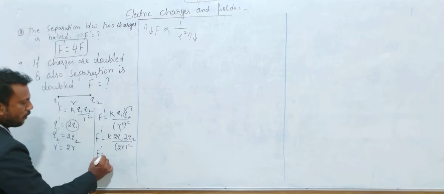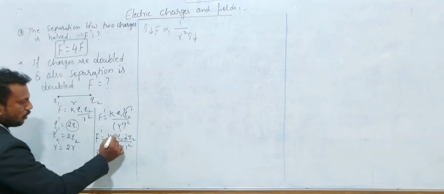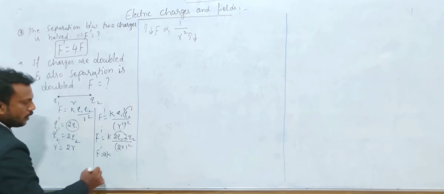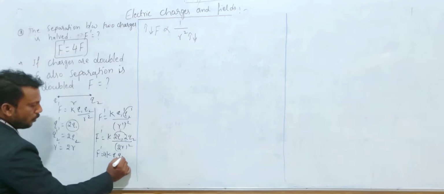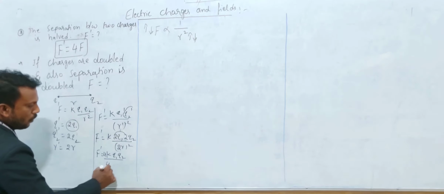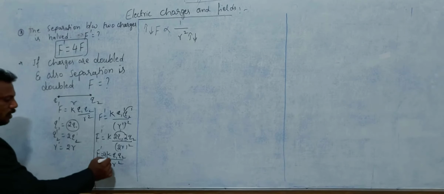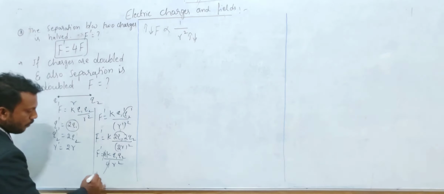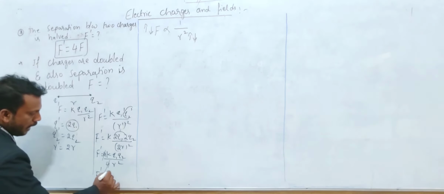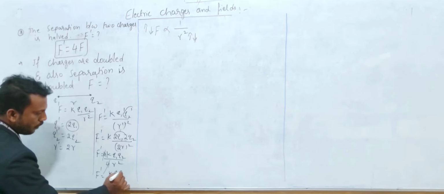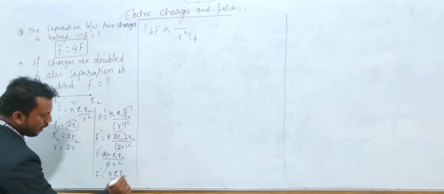Simplify this equation. F dash is equal to k into 2 twos are 4 into q1 q2 divided by 2 square means 4 into r square. The 4 cancels. F dash is equal to k times q1 q2 divided by r square.